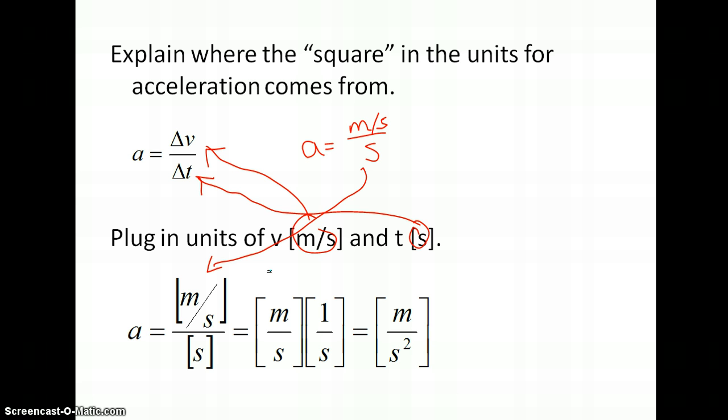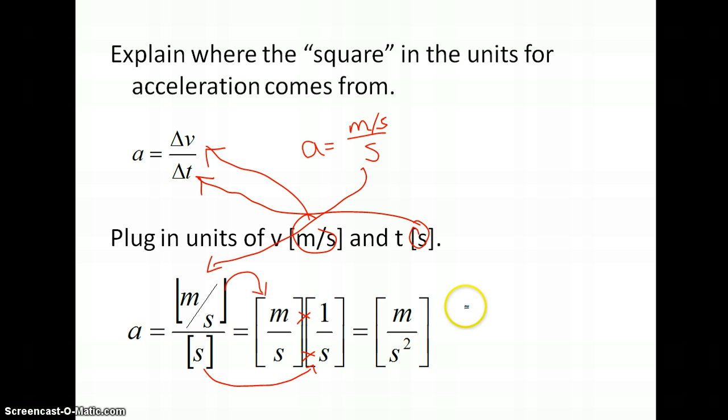Meters per second per second. So then we can pull this meters per second out of the top and place it here, and pull this over here right next to it. These two things are equal to each other, they're the same algebraically. Then we just multiply across the top. Meters times 1 gives us meters on top. Seconds times seconds gives us seconds squared on the bottom.